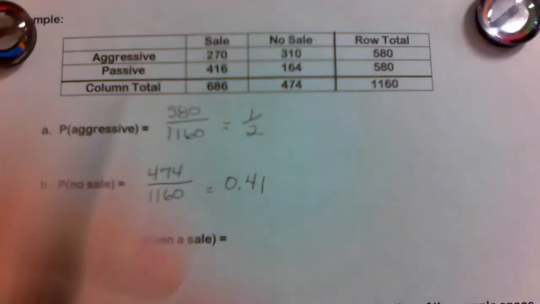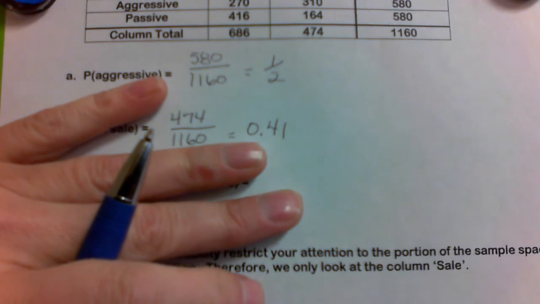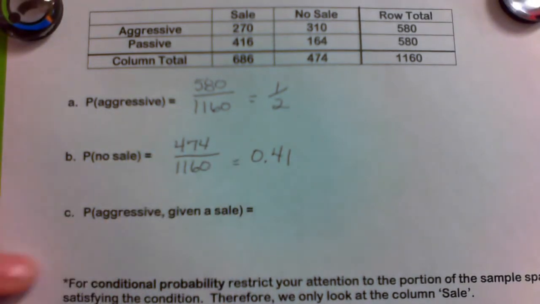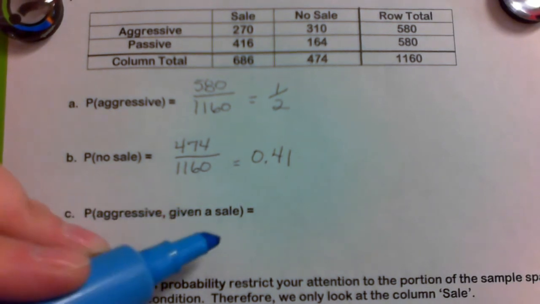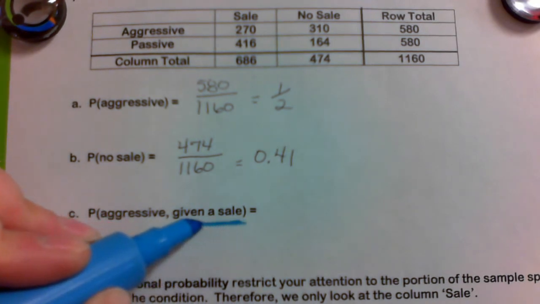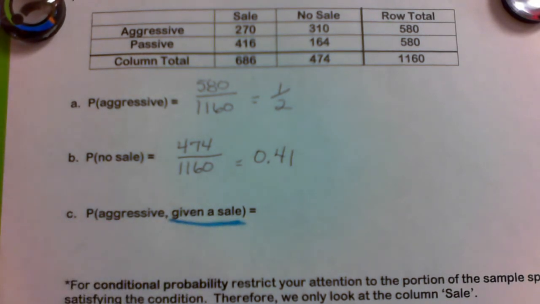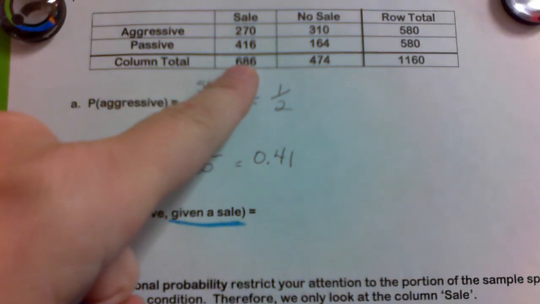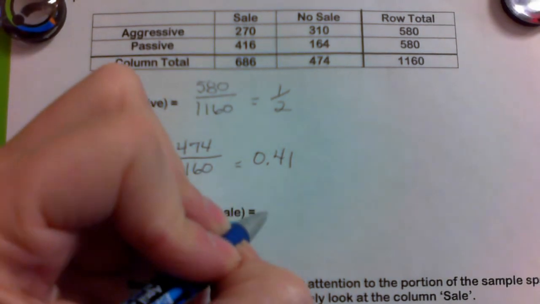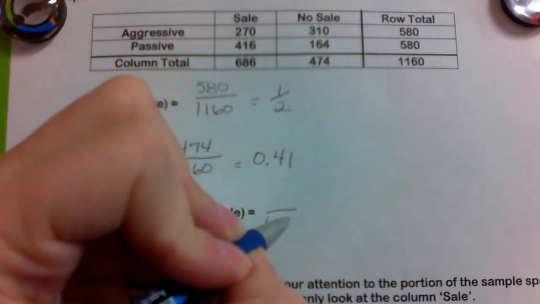Now, C and D are what we call conditional probabilities. And here's where you have to be careful because a condition is being placed upon this. Here's the condition. We don't want to look at all the customers. We want to look at the customers where only a sale was made. Given a sale, so only a sale was made. So that tells me I am only looking at 686 customers.